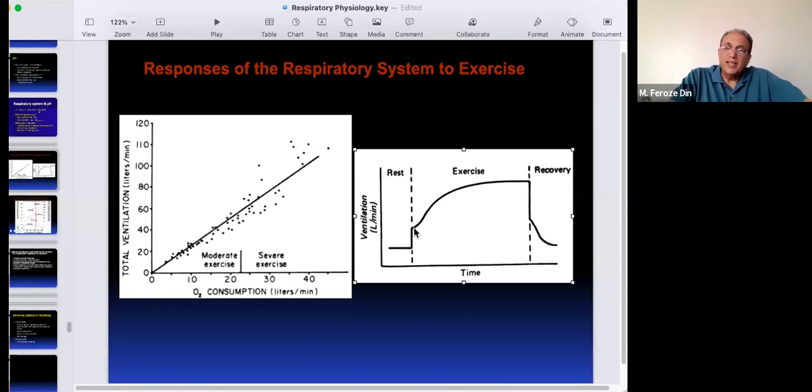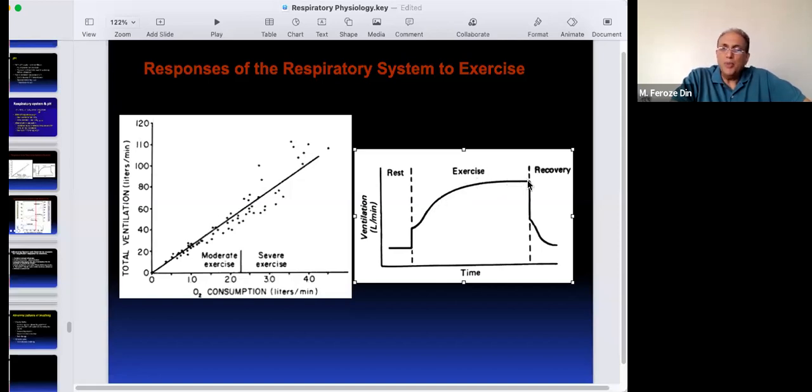Then, as your exercise starts getting established, there is a slow rise to a level where your ventilation rate matches the amount of oxygen being utilized. This will be a feedback response. You'll continuously go and reach a level where you have corrected for the new level. This will be mainly the chemoreceptor responses.